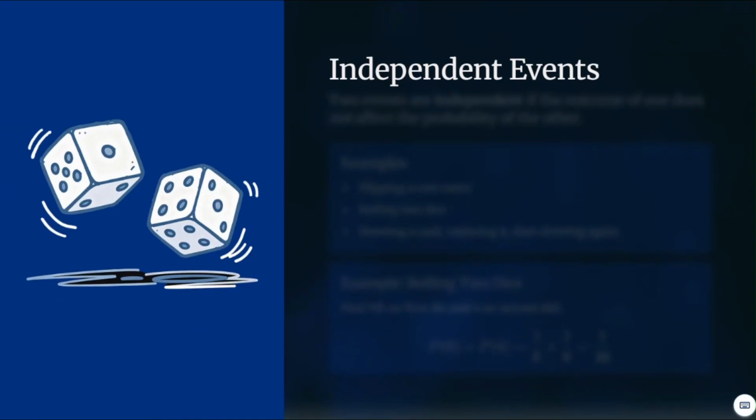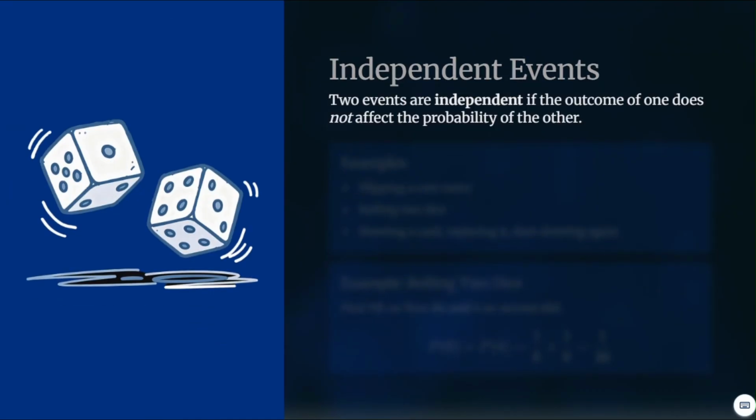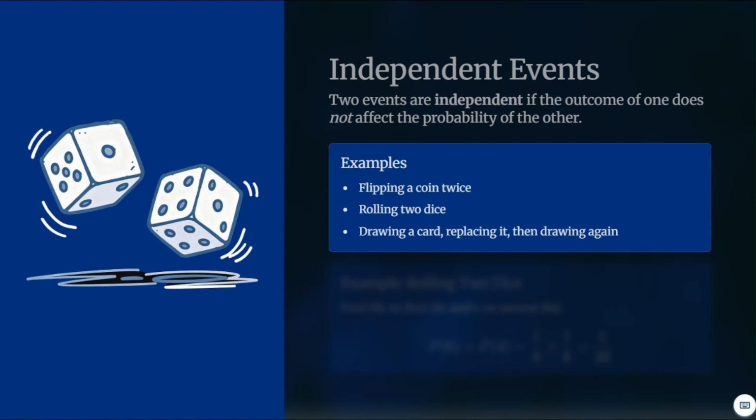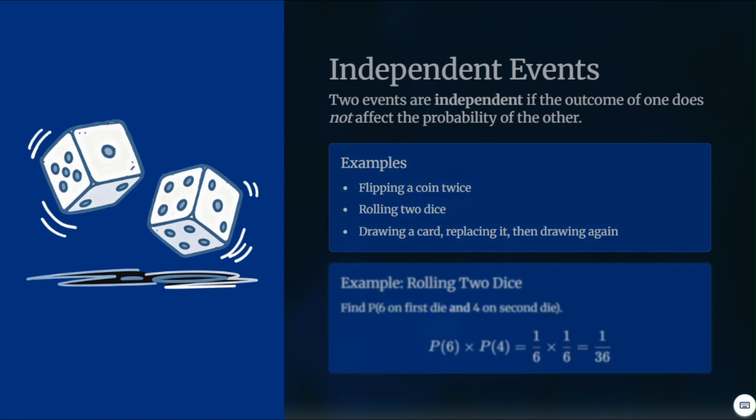Two events are independent if the outcome of one does not affect the probability of the other. For example, flipping a coin twice, rolling two dice, or drawing a card, replacing it, then drawing again. For example, if you have two dice and you want to find the probability of getting a 6 on the first die and a 4 on the second die, these two events are independent.